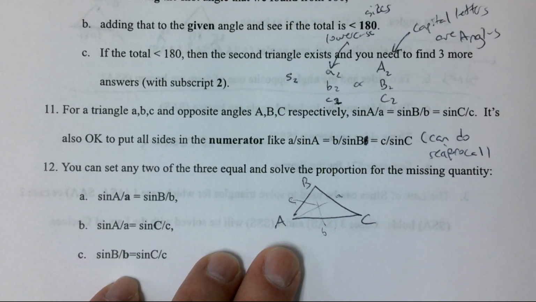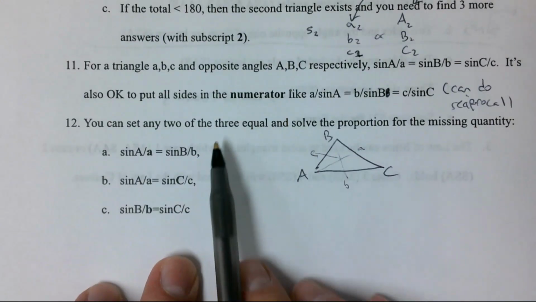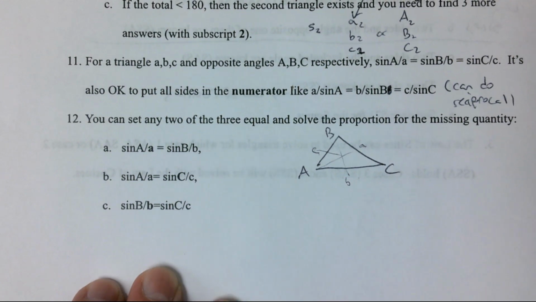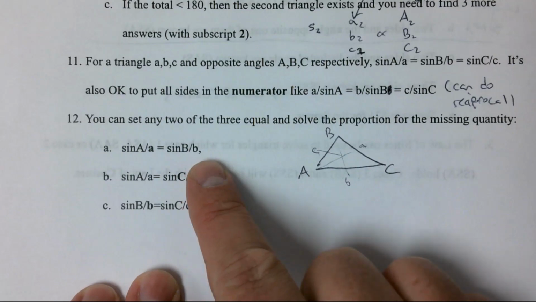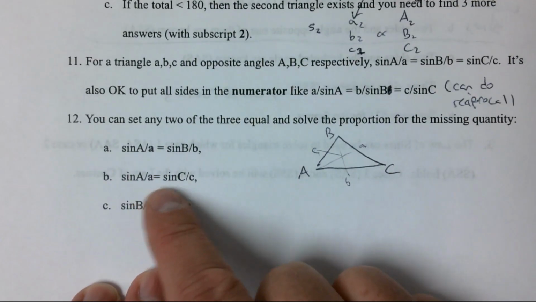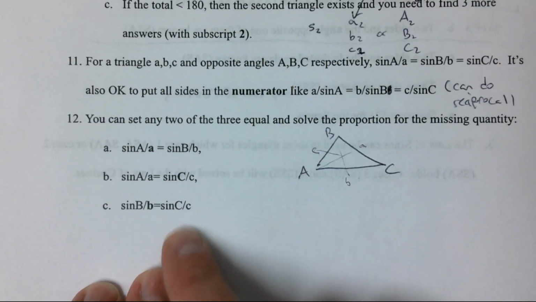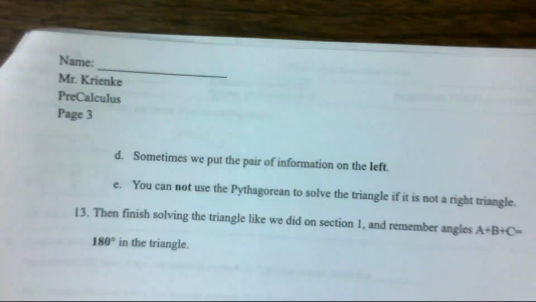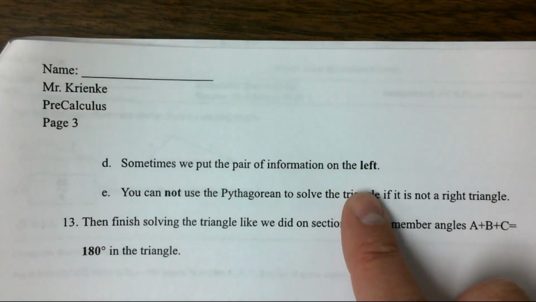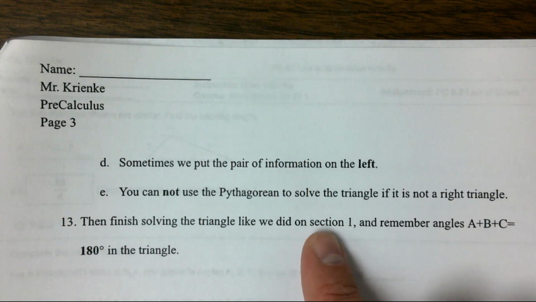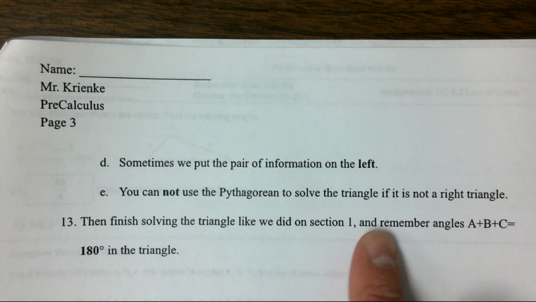So you can set any 2 of the 3 together, like when I covered up a letter. Like on this one, you're not using the C's. On this one, you're not using the B's. And on this one, you're not using the A's. Sometimes you have a pair of information on the left, and you cannot use the Pythagorean theorem if it's not a right triangle.